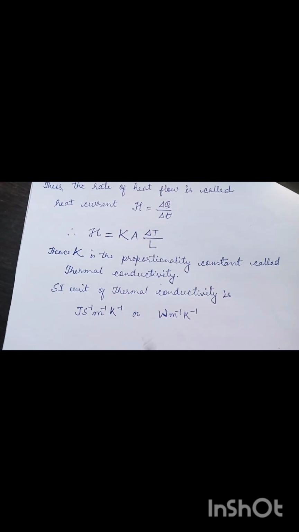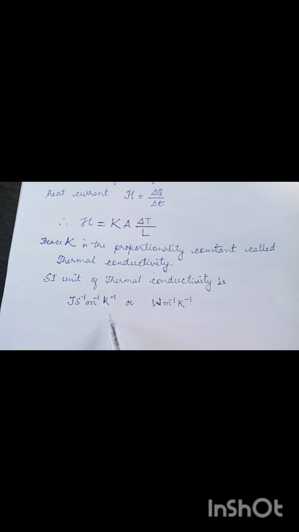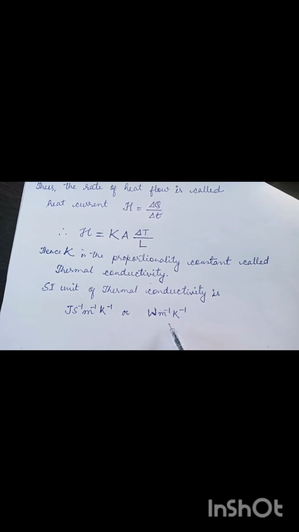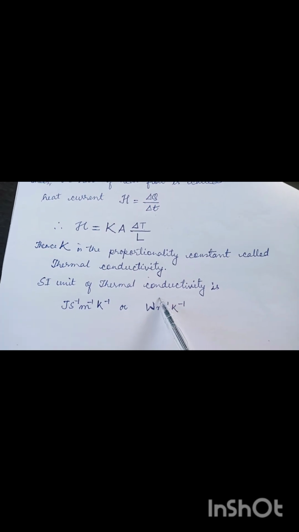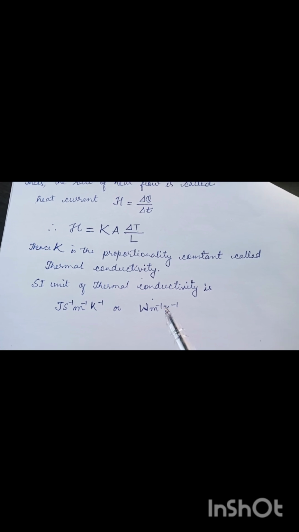The SI unit of thermal conductivity is joule per second per meter per Kelvin, or watt per meter per Kelvin. The higher the value of K, the thermal conductivity, the more rapidly heat conducts from one end of the rod to another. It depends upon the nature of the substance.